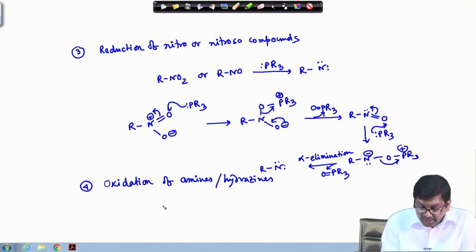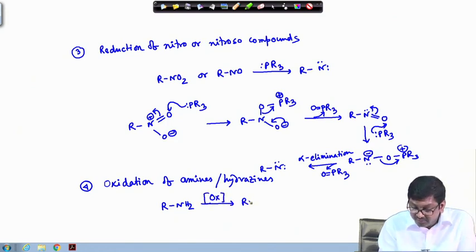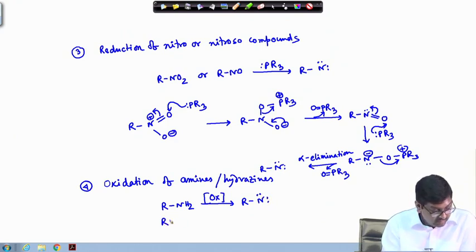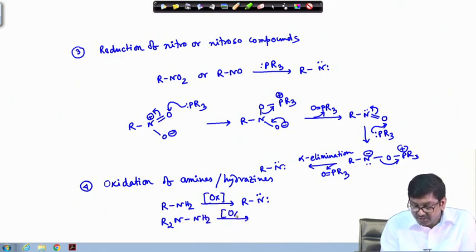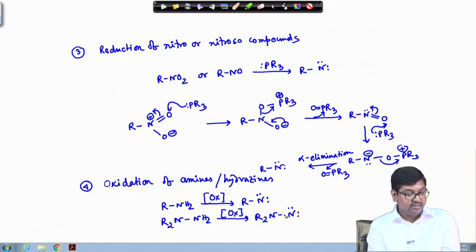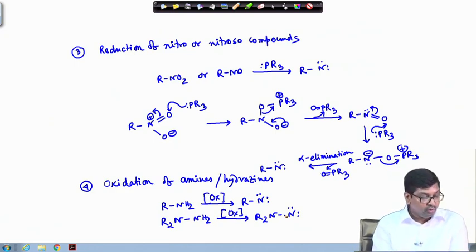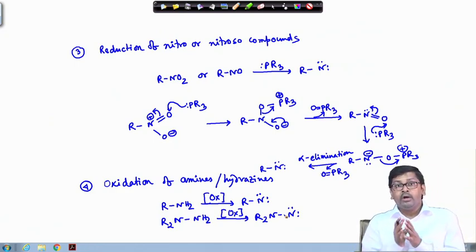Okay. So, if we take amines and in presence of some oxidant, this will give the nitrene, or the hydrogen moiety, also in presence of oxidant, will give certain nitrenes. Okay. So far, what we have discussed?